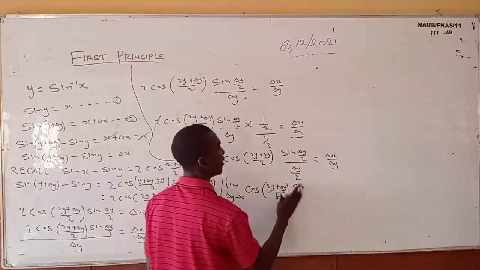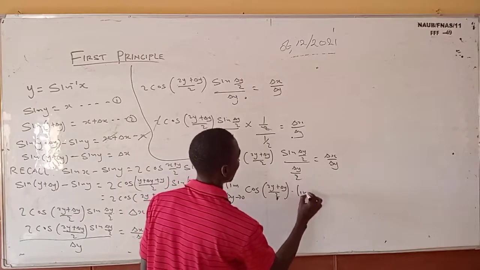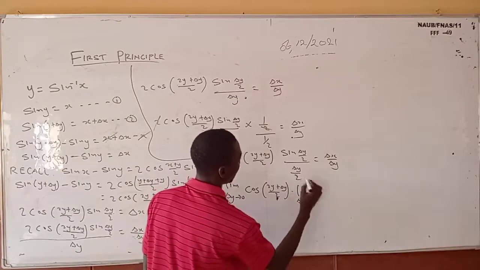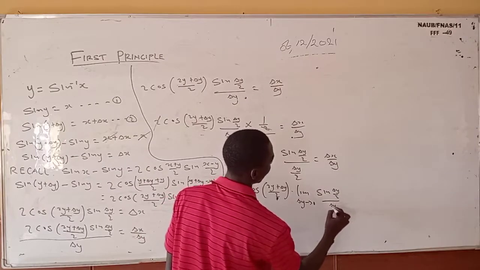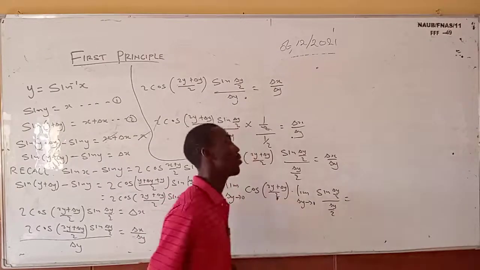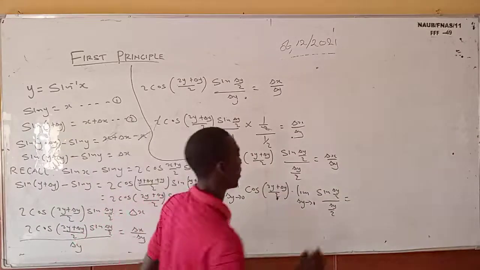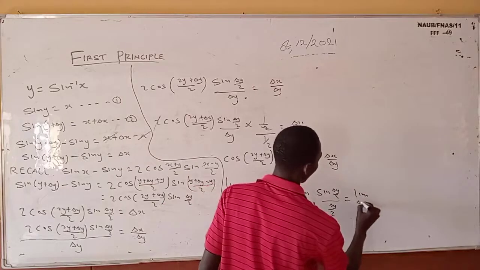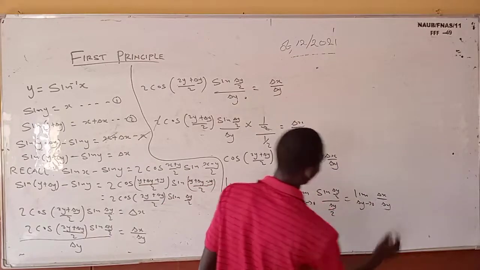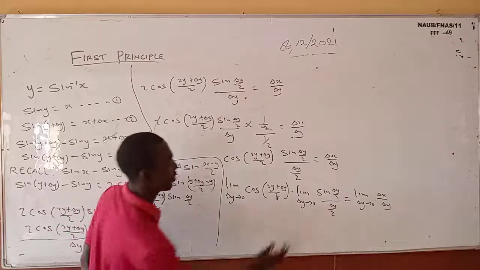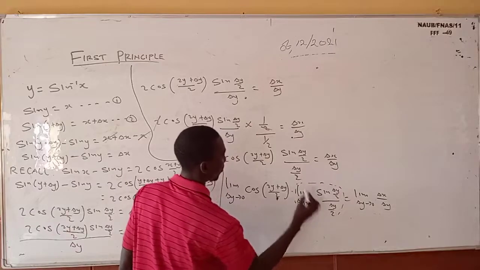Let me take the limit individually, the way I've been doing, so you will not get confused. Change in y approaching 0 of sine of change in y over 2 over change in y over 2, which is equal to, I'm just trying to take the limit individually. You get that? So now the limit as change in y approaches 0 of change in s over change in y. And you will notice that what is here is nothing but what?